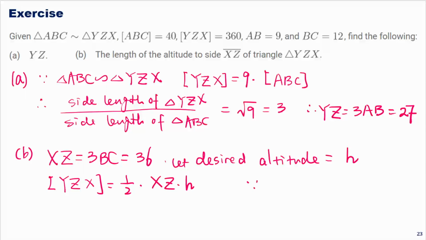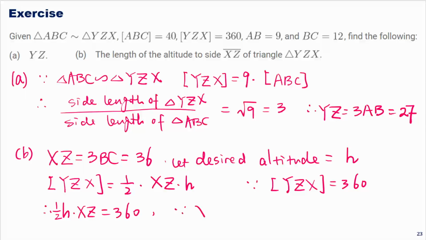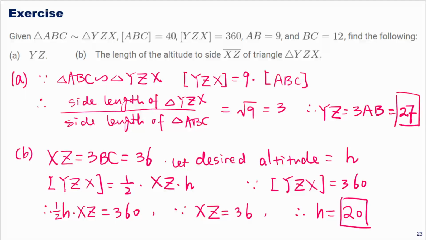Since we are given the area of triangle YZX equals 360, then we have half of h times XZ equals 360. And because XZ equals 36, then we have h must equal 20, right? Can you follow me? Okay, so that's pretty much about today's lesson.